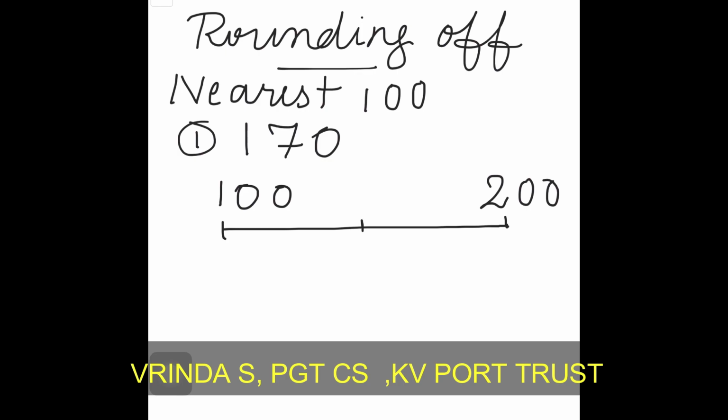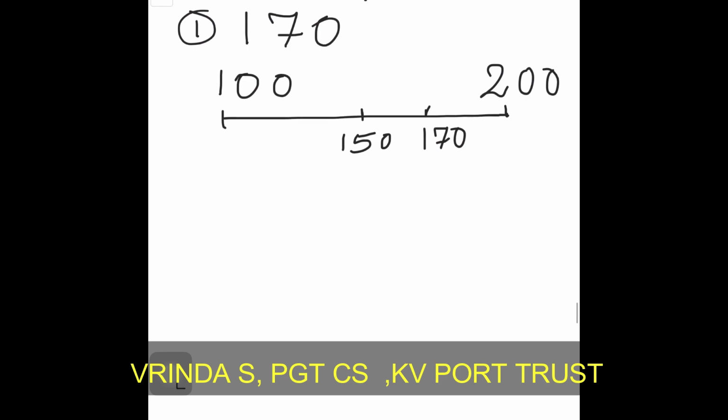Anyways, the middle is 150, and 170 will be somewhere here. So, we can say 170 is more close to 200 than 100. So, when we are asked to round off this 170 to the nearest hundreds, we have to write it as 200 because it is more close to 200 than 100.